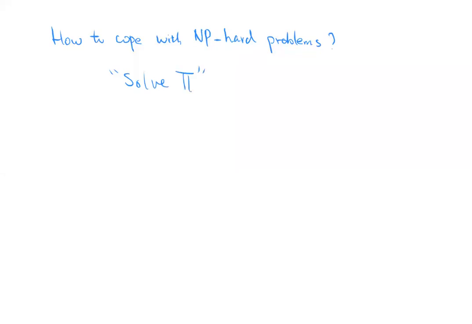When Pi is NP-hard, you cannot just stop and say, because it's NP-hard, that's it, I quit the job. Of course, you still need to solve it. So how can we solve a problem when it's NP-hard? We need to find a way.